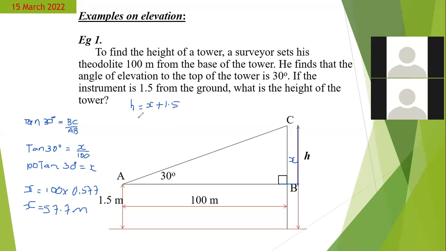So H now is equal to 57.7 plus 1.5. So H is equal to 59.2 meters. How much? 59.2 meters. All right.